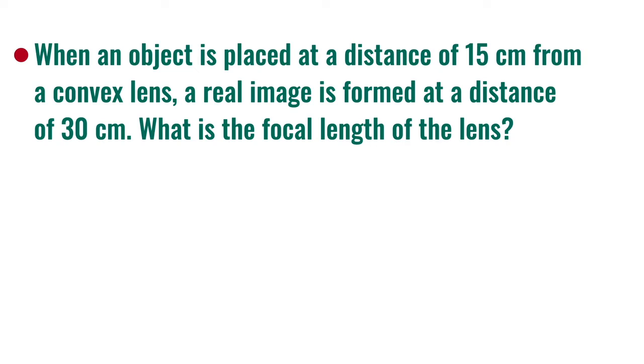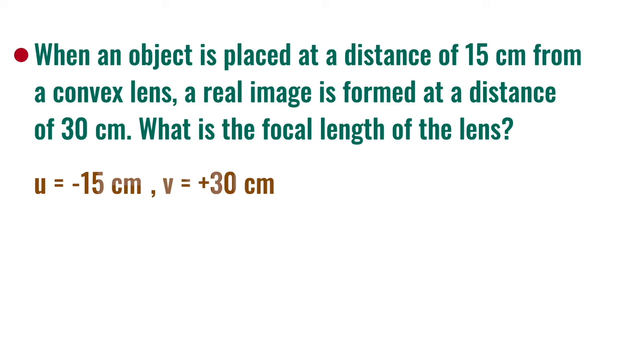By applying the sign convention, we get the object distance u is equal to negative 15 centimeters. The image formed here is a real image. We have seen that for a convex lens, all the real images are formed to the right side of the lens. So, the sign of the image distance v is equal to positive 30 centimeters.